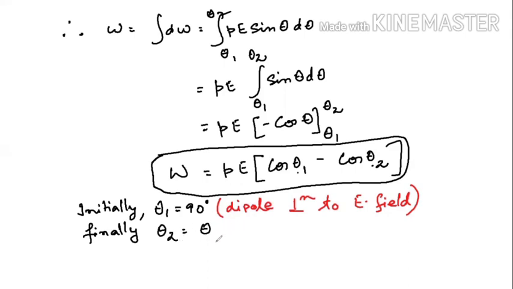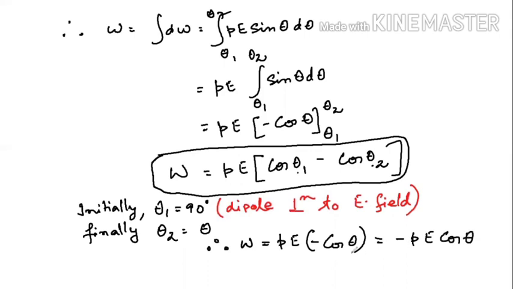So in that case, if you replace your work done value, and if you replace theta 1 by 90 degrees, you will get cos 90, which becomes 0. And if you replace theta 2 by theta, you get a minus cos theta. So finally it gives you minus pE cos theta.